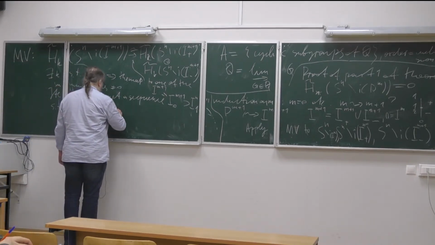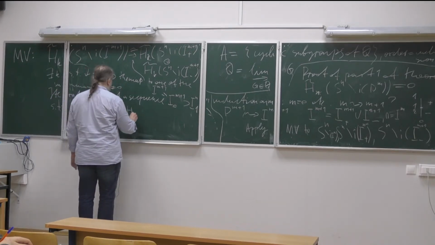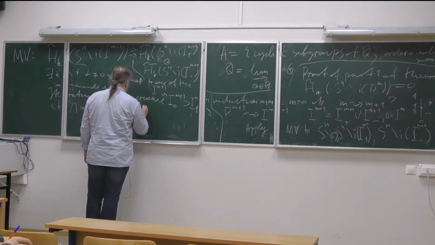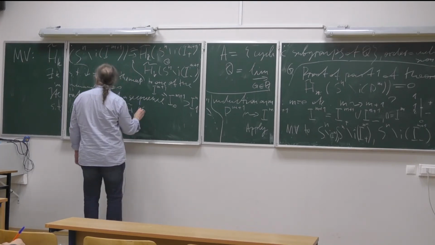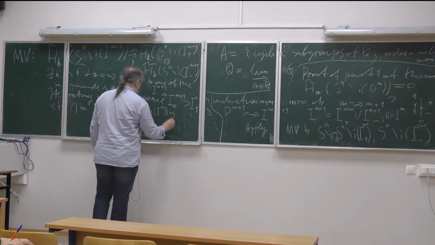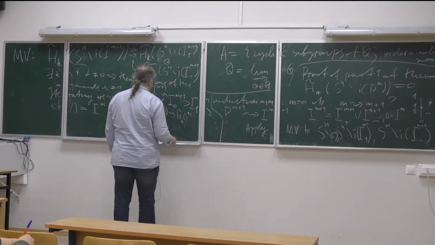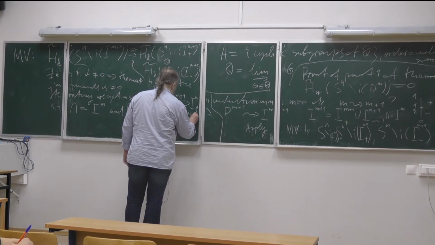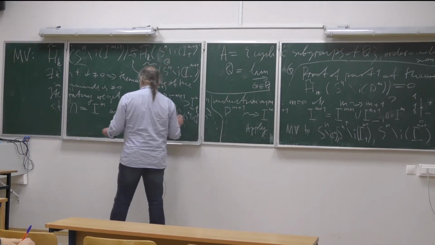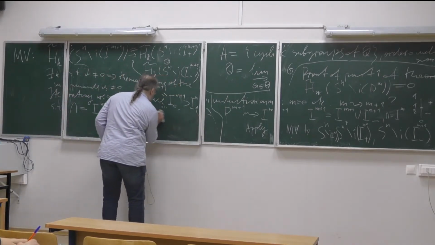and the map from Hk of Sn minus I of Im to Hk of Sm minus I... okay, I'll write it again because this is hard to read.